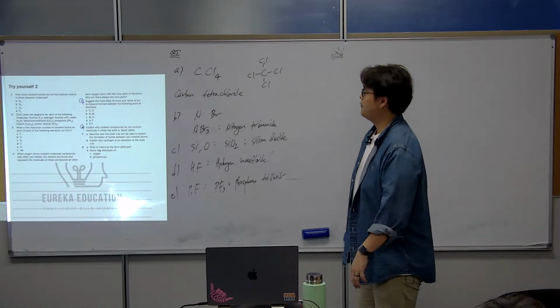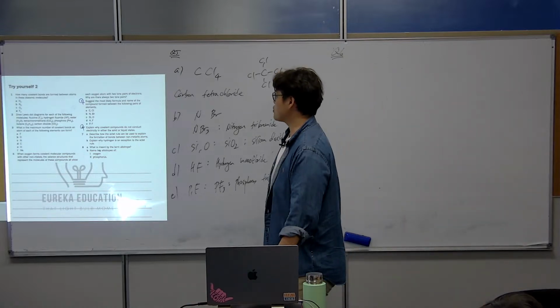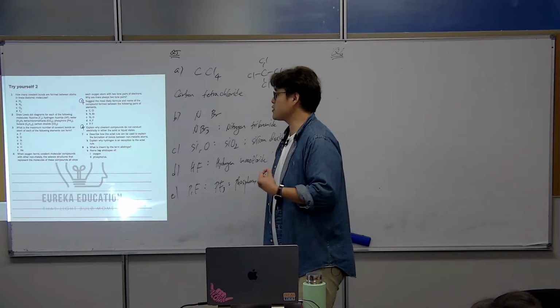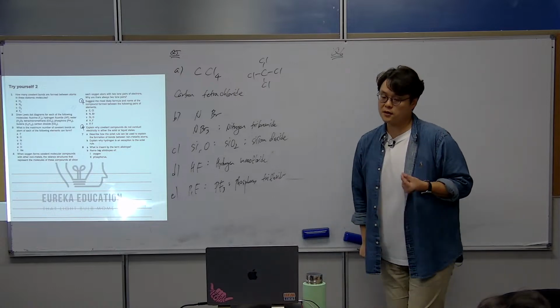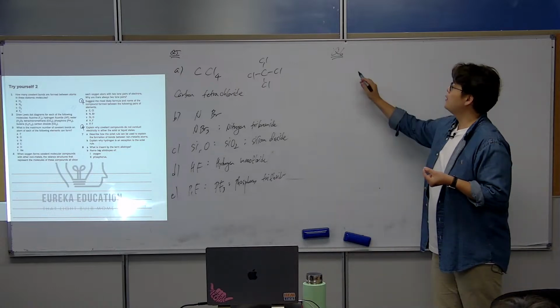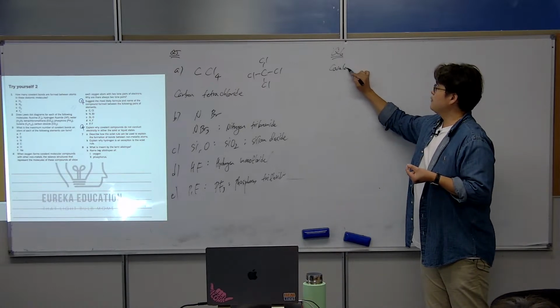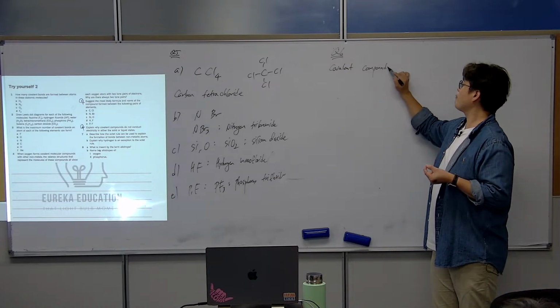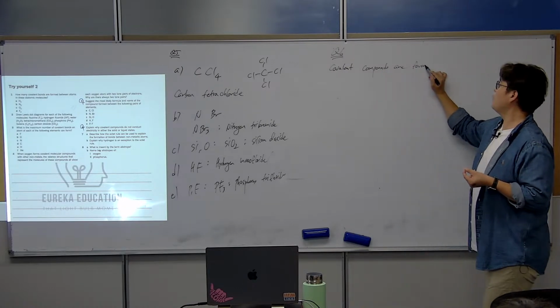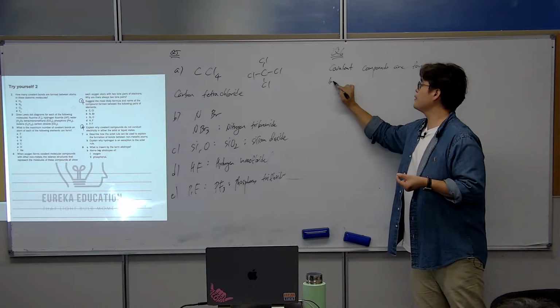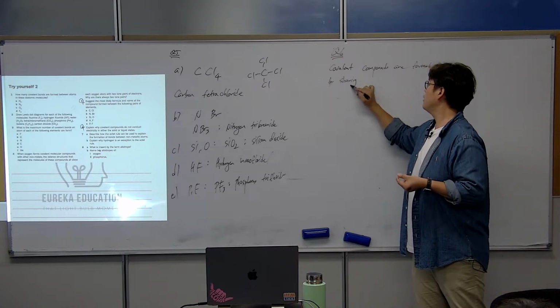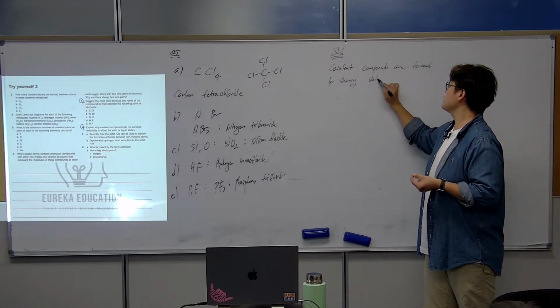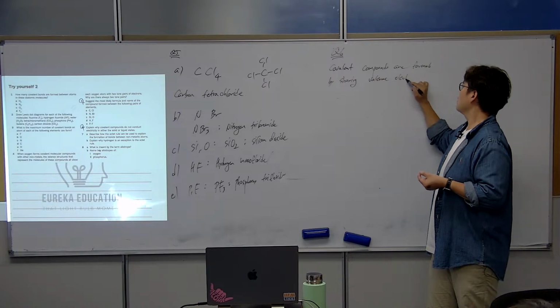Question 6. Explain why covalent compounds do not conduct electricity in either the solid or the liquid state. Something very important here: covalent compounds are formed by sharing the valence electrons.